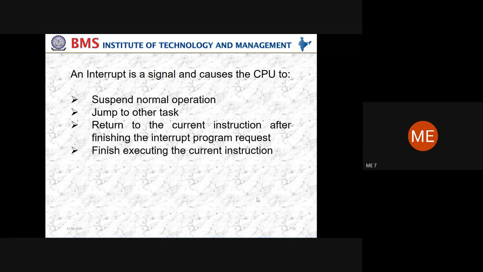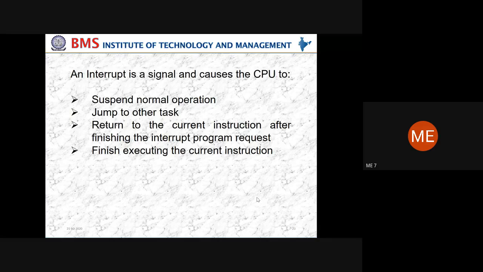Remember, the 8085 has a 40 pin configuration, 20 on the left side and 20 on the right side. Out of the 40 pins, some pins are dedicated for these interrupt operations.